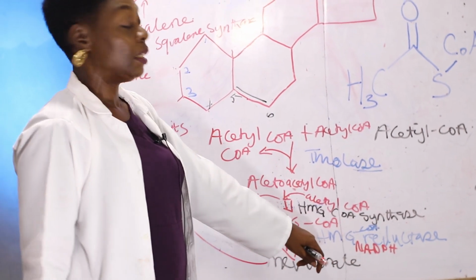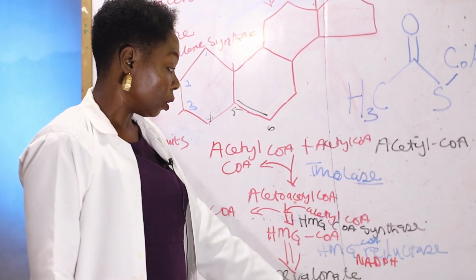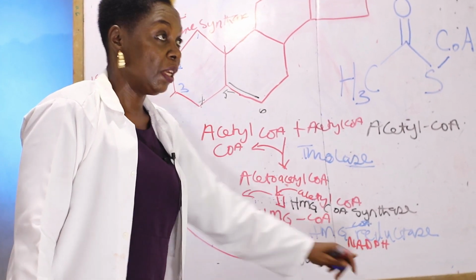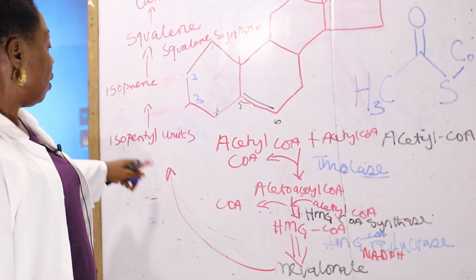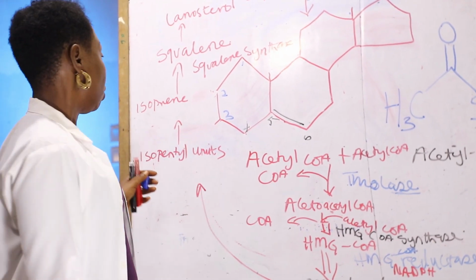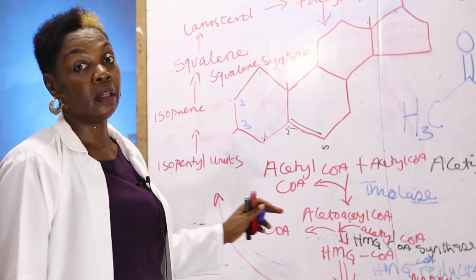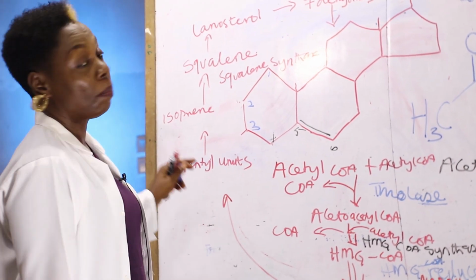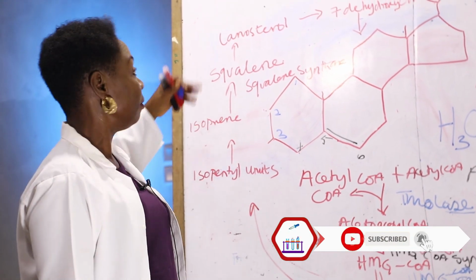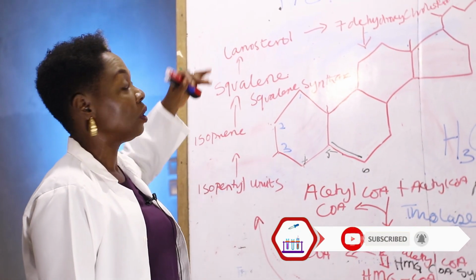This is the rate-limiting step in this reaction and is highly dependent on NADPH. Now from mevalonate, you have a series of condensation reactions that will lead to the isopentyl units, and the isoprene, and then you have squalene, and then lanosterol.